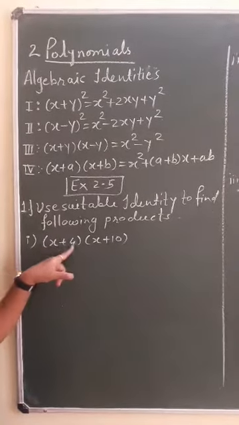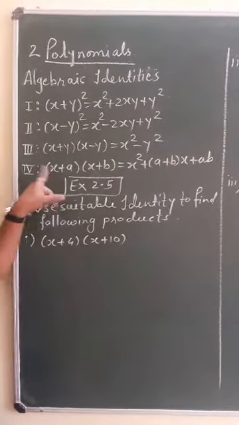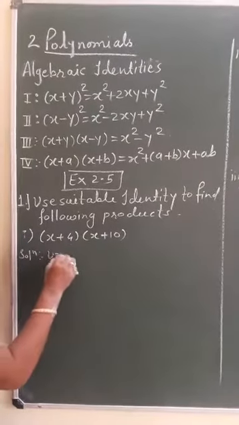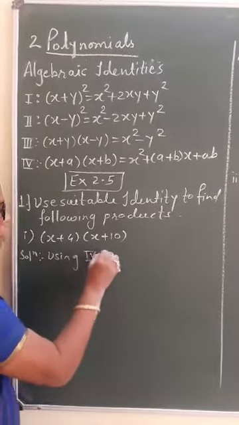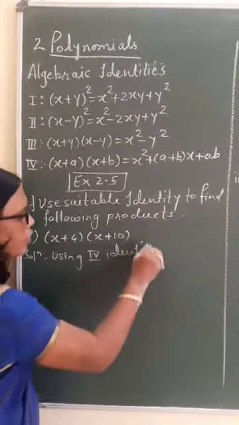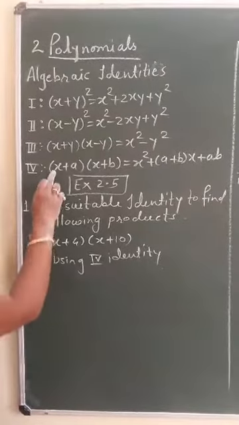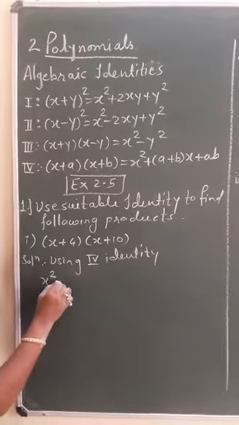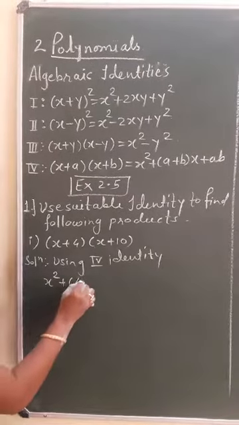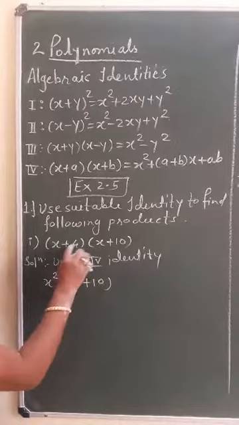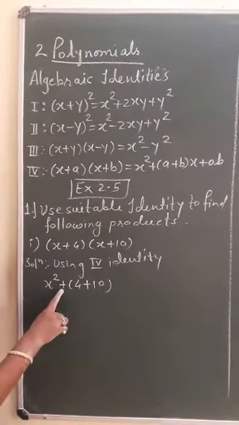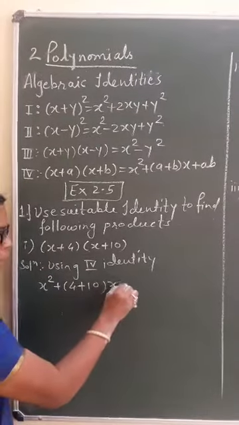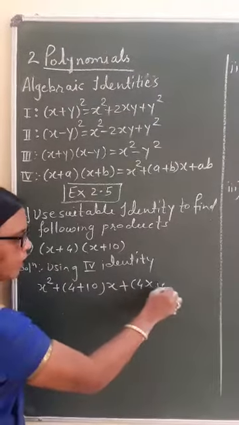Are you finding x plus 4, x plus 10? Is it the fourth identity? So we will say, using the fourth identity. What is the fourth identity? x is the first term, so x square plus, here 4 plus 10, because both are positive, you have to write the positive sign, into x plus 4 into 10.